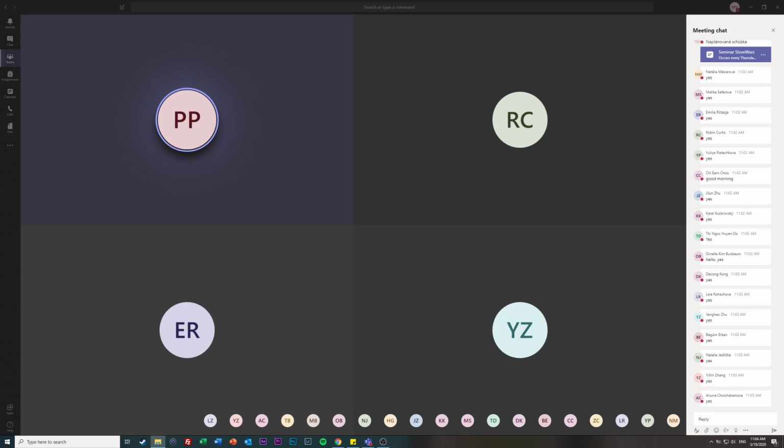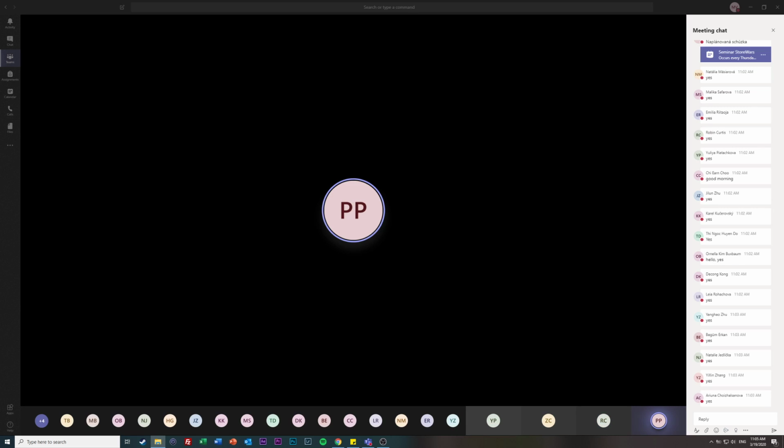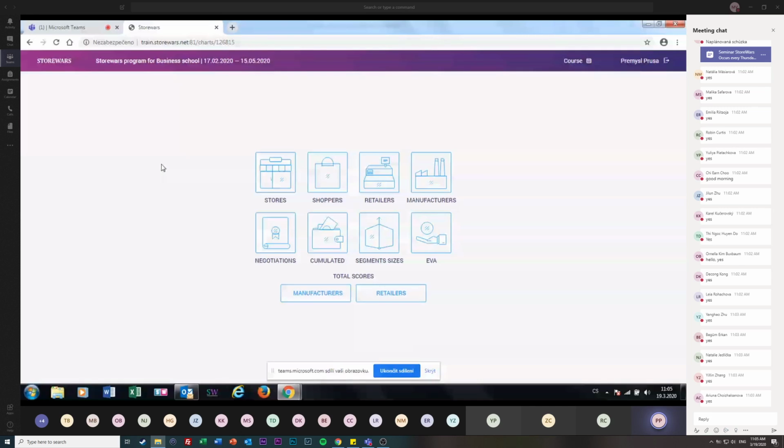Now I will try to switch my screen so that you can see the StarWars software, the StarWars model, and you will see the chart there. So let's try. So basically now you should see the StarWars module.